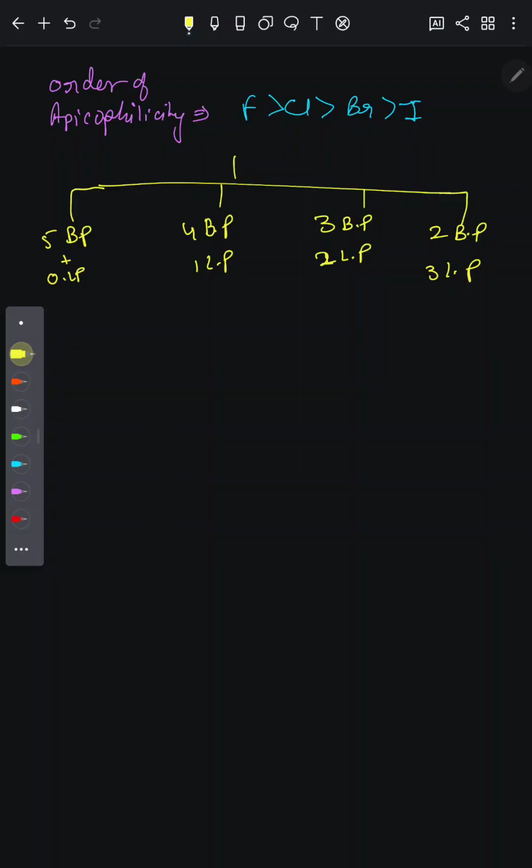Their shape will all be trigonal bipyramidal, but their geometry will be different. So here 1 2 3 4 5. These are the TBP geometry.